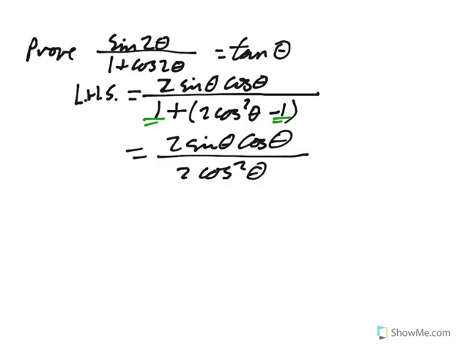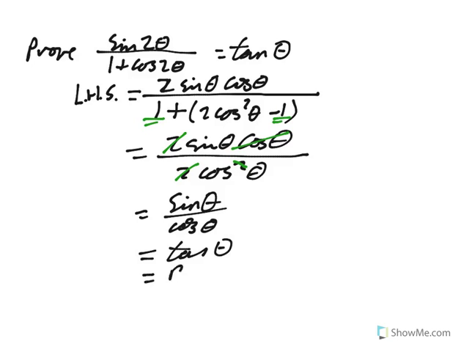Get some more cancelling, because the cos squared can cancel with one of these coses, so we end up with sine theta on cos theta, which equals tan theta, which equals the right hand side. Finished.